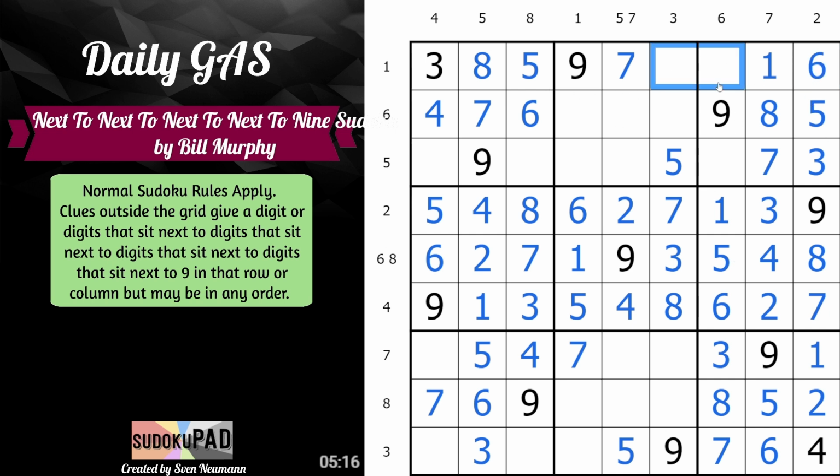We need 2, 4 in both directions here, which is resolvable thanks to the 1, 2. This is 4, this is 2, this is 4. 4 now gives us 4. Here we need 1, 3, 3, 1.